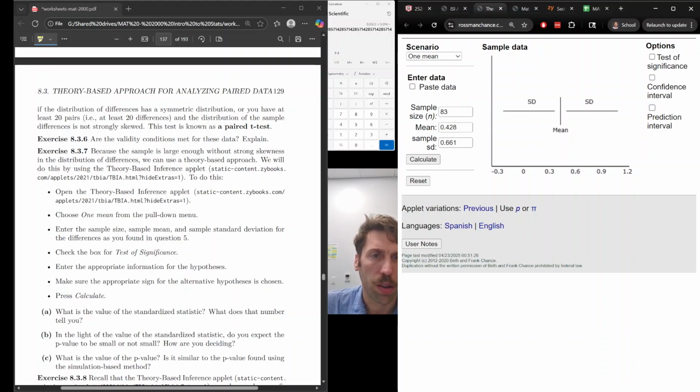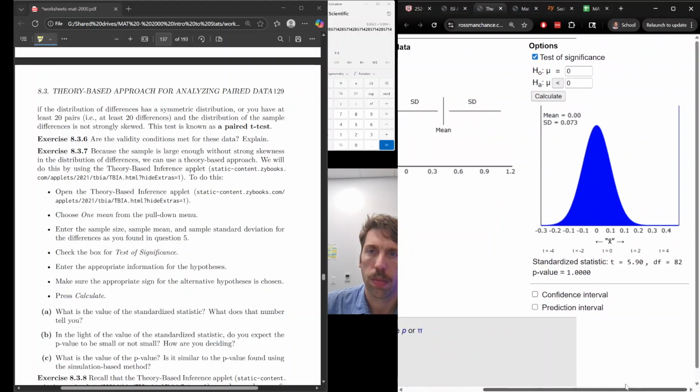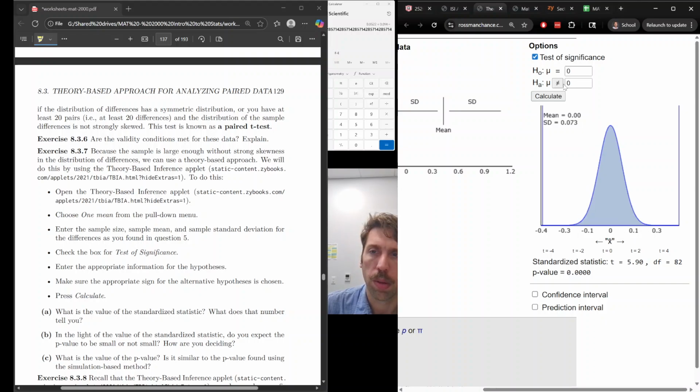All right, check the box test of significance, and enter the information for the hypotheses. So we have a not equal to in our alternative hypothesis. And then calculate. All right. What is the value of the standardized statistic?